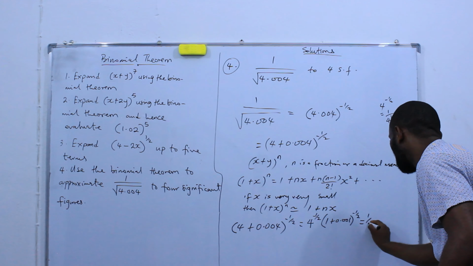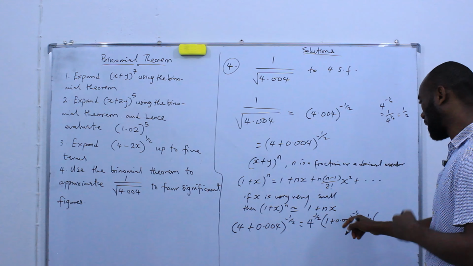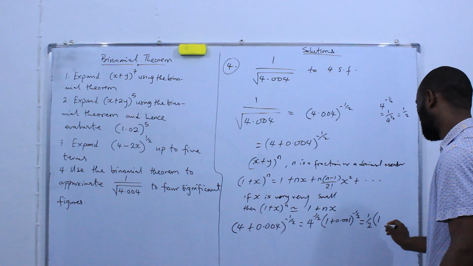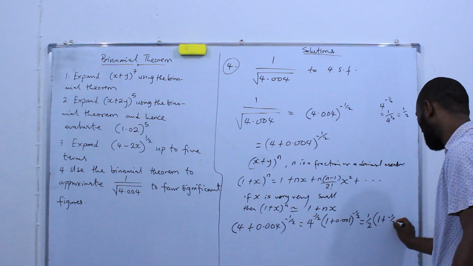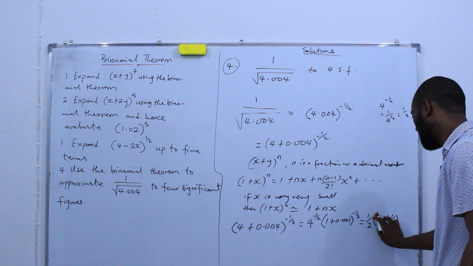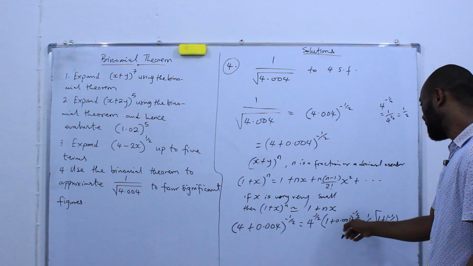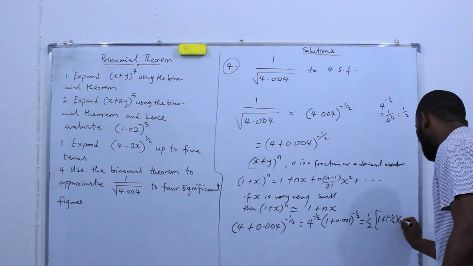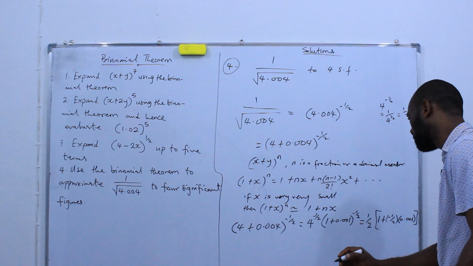So we're having 1 over 2 here, and then for this approximation, we're going to have 1 plus our n, which is minus half. Let me use block brackets here to differentiate it. Then this is our n, then our x is 0.001.